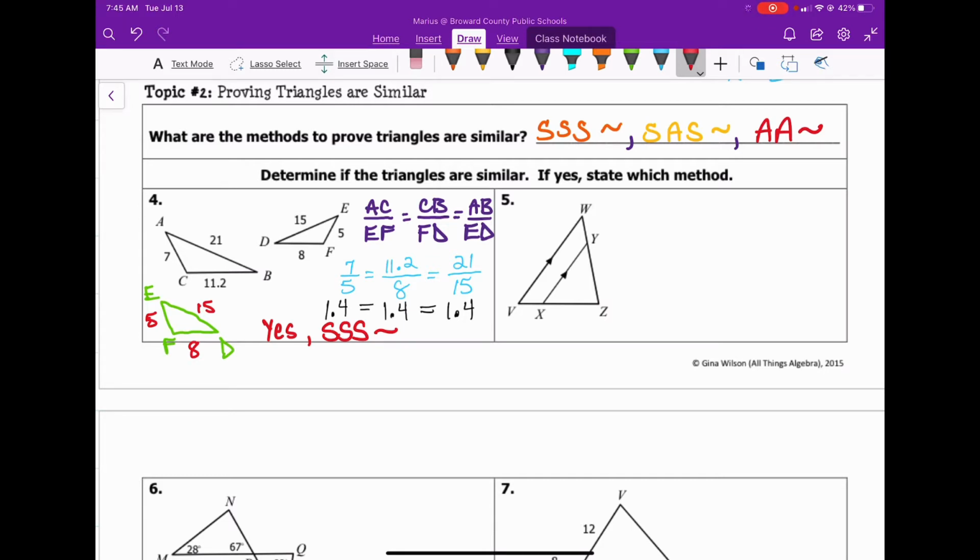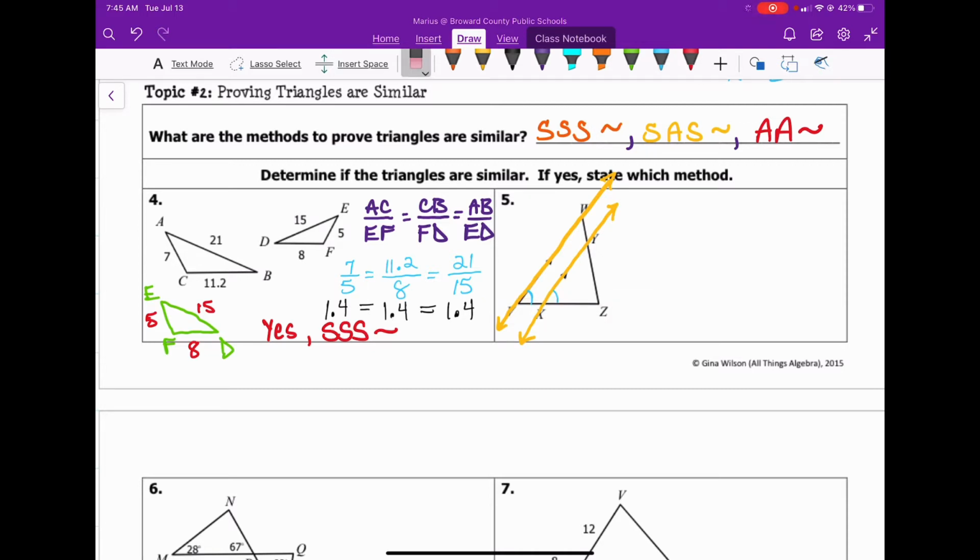Now, for number 5, the diagram only gives us parallel lines. They tell us that those lines are parallel. Now, I'm going to set up two different transversals. The first transversal we're going to look at is right here. So we have two corresponding angles. This angle is congruent to this angle. So that's one set of angles that are congruent.